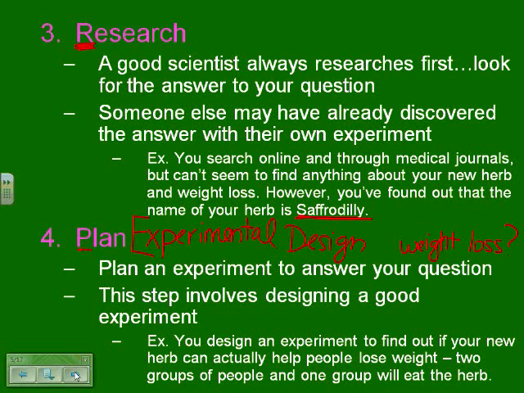During the planning stage of the scientific method is where experimental design is going to have its part. So you start to design this experiment in order to figure out whether or not Saffrodilly can contribute to weight loss. You get people and divide them up into 2 groups, and one of the groups is going to take your herb, etc., etc.